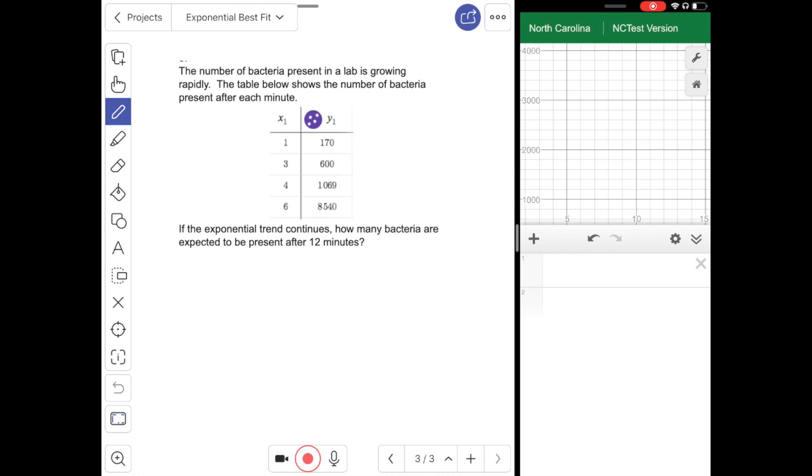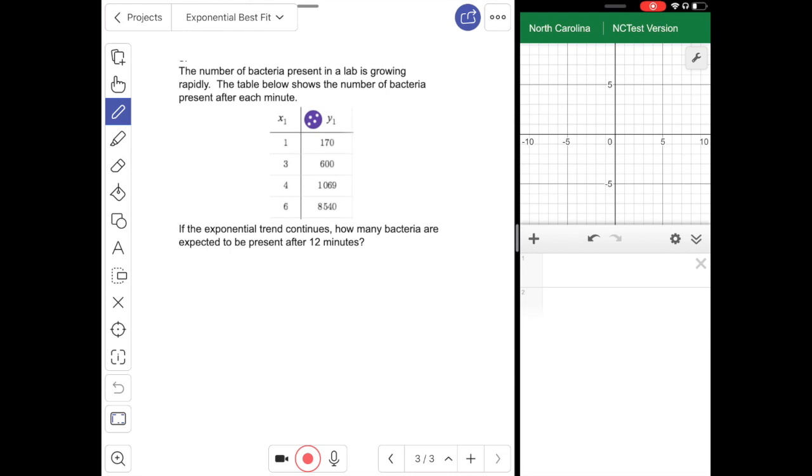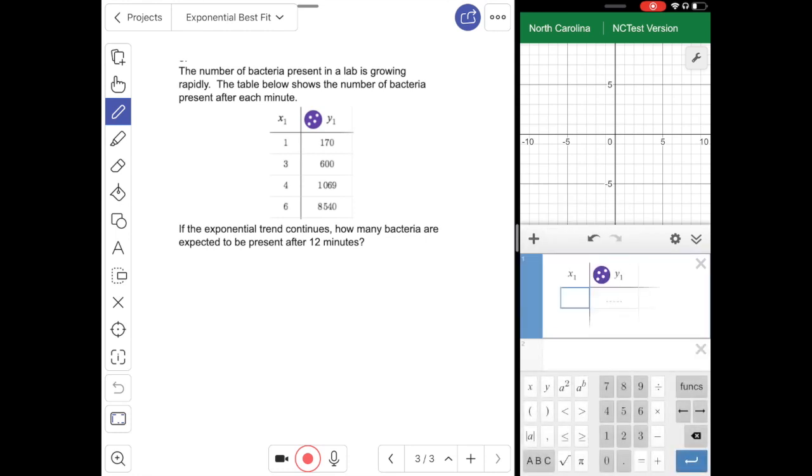So pause this video for a second, put this into Desmos, and see if you are able to get the same best fit model that I get for this exponential function. All right, we're back, and I'm going to put this information into my table.